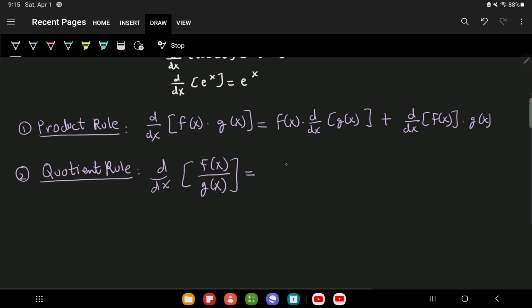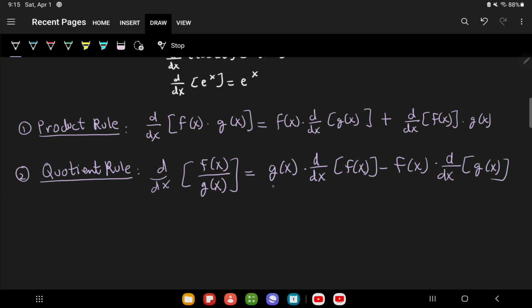The official formula is g of x times d dx of f of x minus f of x times d dx of g of x all over g of x quantity squared.